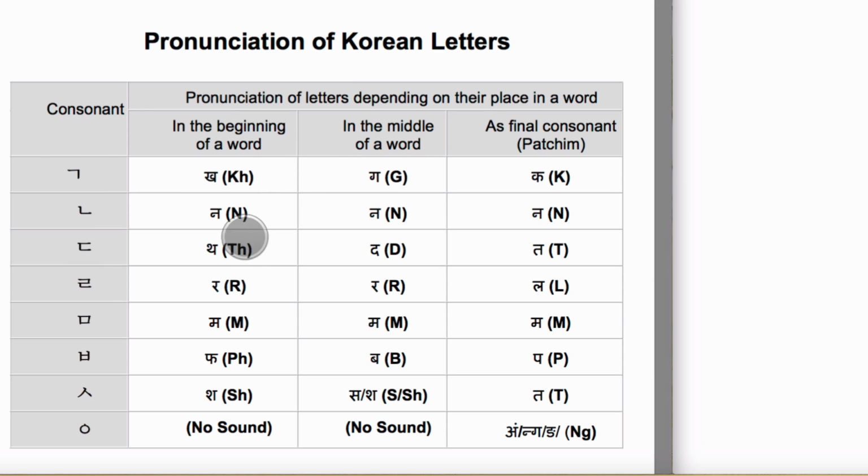The first column shows the pronunciation of that character when it appears in the beginning of a word, as the first character of a word, and this last column shows the pronunciation of a Hangul character when it appears as a Pachim character, that is a final consonant character, and the middle column shows the pronunciation of those characters when they appear in any other place in the word, in the middle, in the second syllable or third syllable or fourth syllable, just not in the beginning or in the Pachim position.